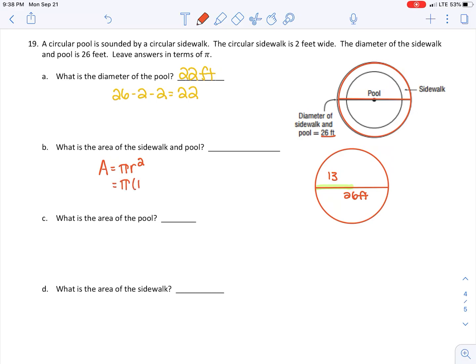And we're going to say pi times 13 squared. 13 squared is 169. And then we still have that pi in the answer. And since it told us to leave our answer in terms of pi, we're going to leave it as just 169 pi. And then we're going to put our units as well. We're going to say feet squared because we're talking about area. So anytime we have area, we have our units squared.